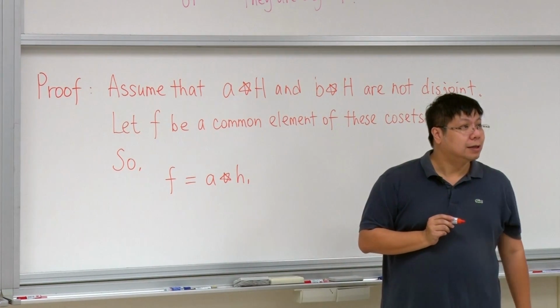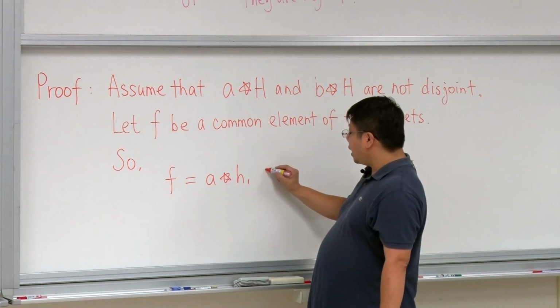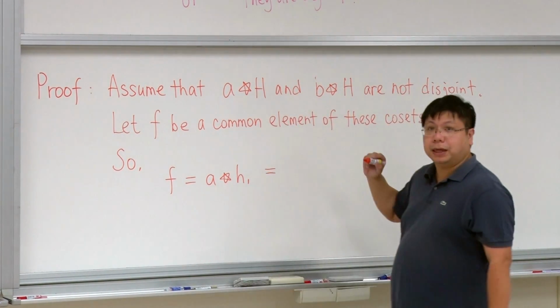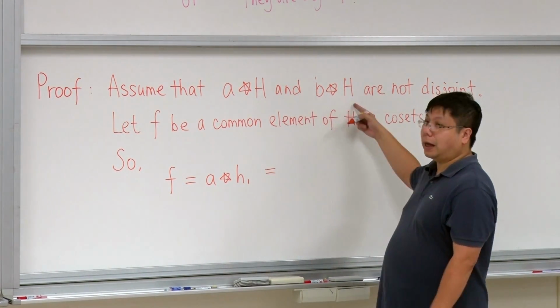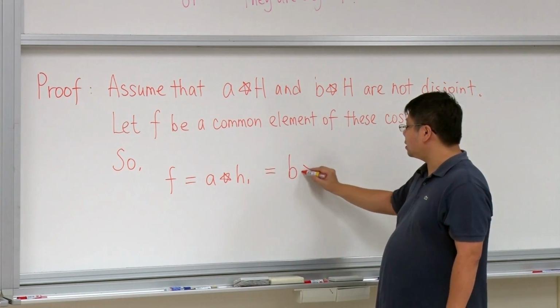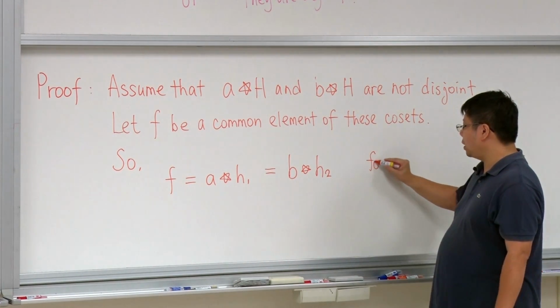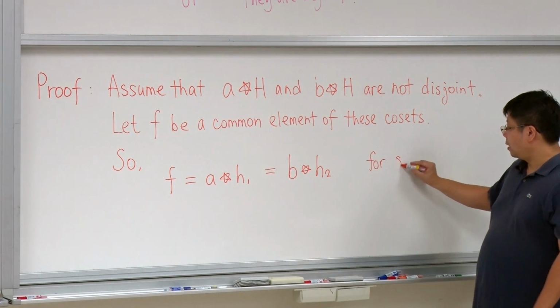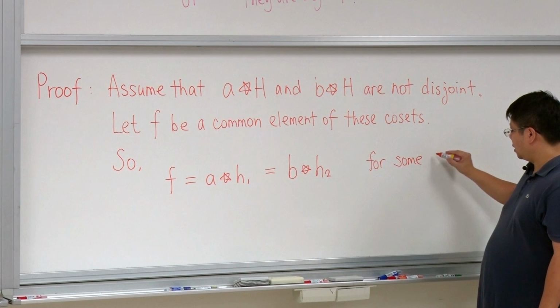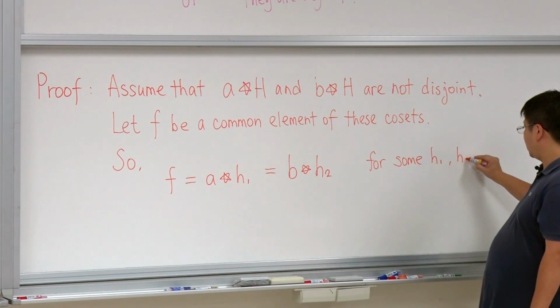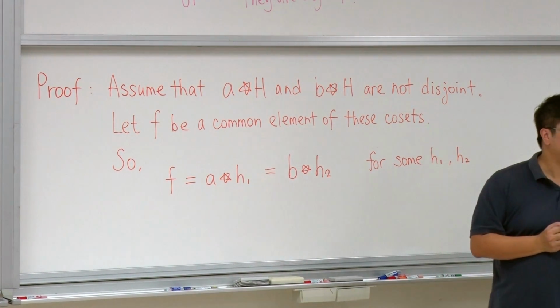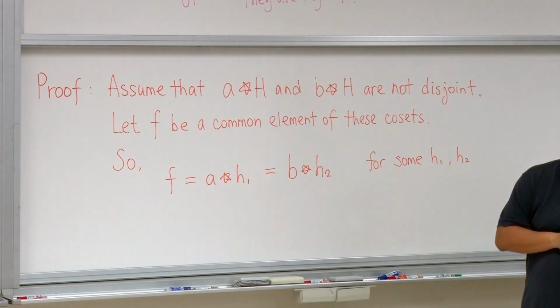And F is an element of the coset B star H, so F is equal to B star H2, for some H1 and H2. Is that okay?